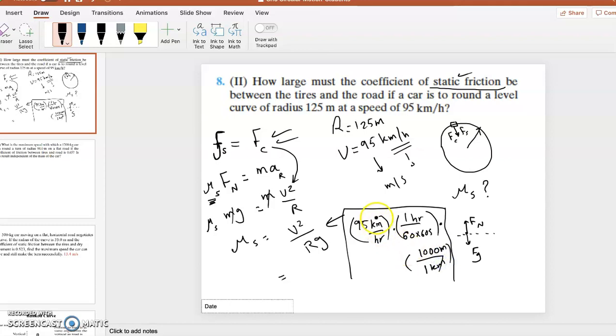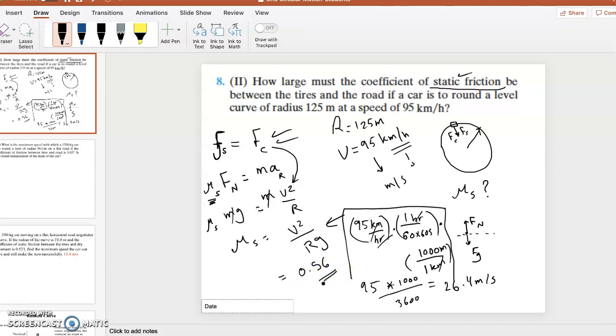Of course, kilometer will go with kilometer, and hour will go with hour. So it is 95 times 1,000 divided by 3,600, and the value is 26.4 meters per second. You plug this velocity here, and the value of µs will be 0.56.